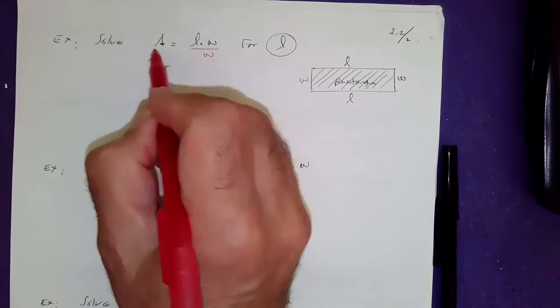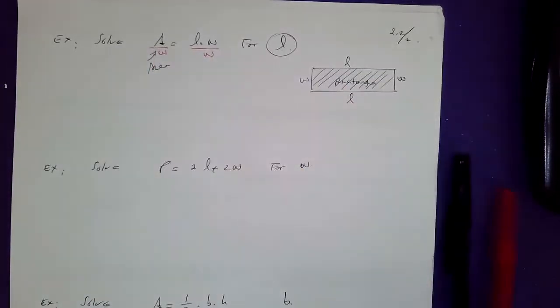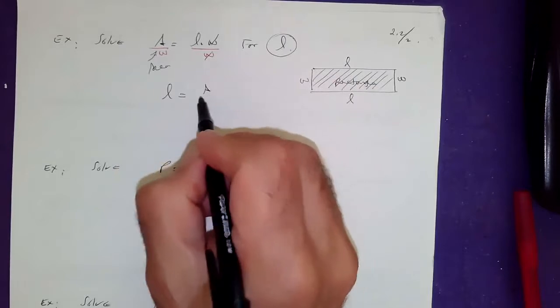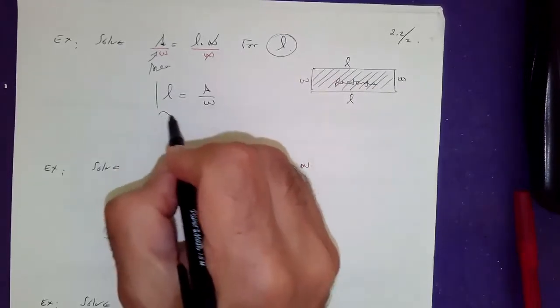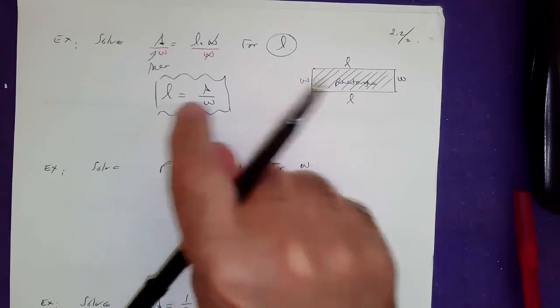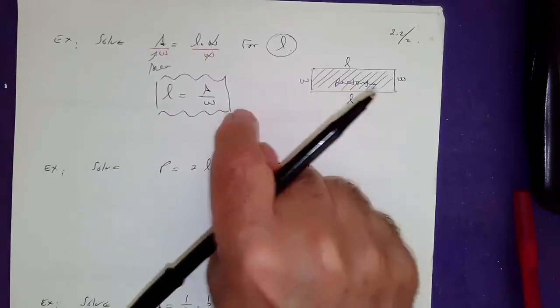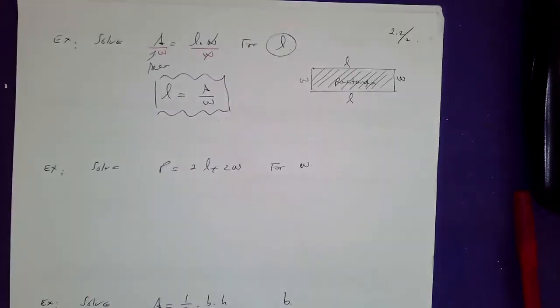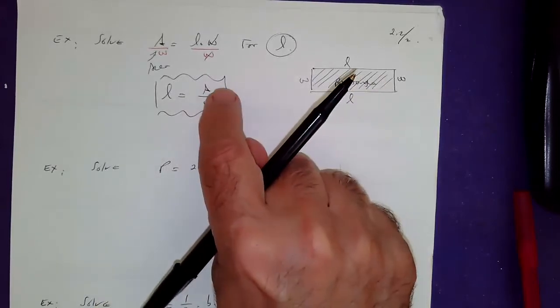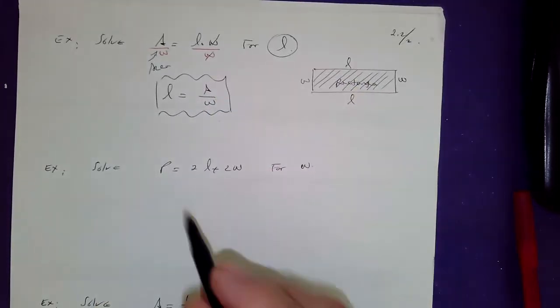So I'm going to divide both sides by W. So the W's cancel. So lo and behold, L is equal to A over W, and I'm done. Notice the idea was to put L on one side, everything else on the other side without L. So this says to find the length of the rectangle, you divide area by its width.